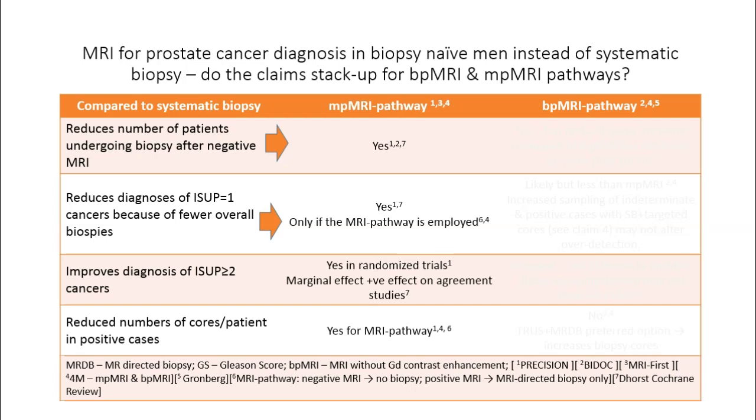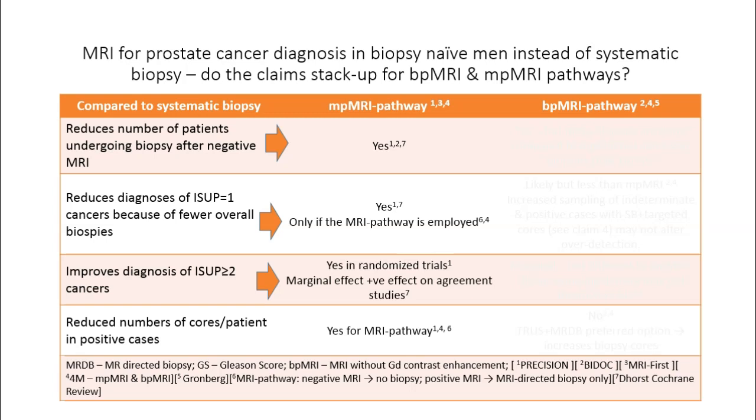And we know that it reduces the diagnosis of insignificant cancers because fewer biopsies are done overall. This is level 1 evidence. We also have a hint that there is some improvement in the detection of clinically significant cancers, particularly for men who've had a previous negative biopsy, but the effect is rather marginal.